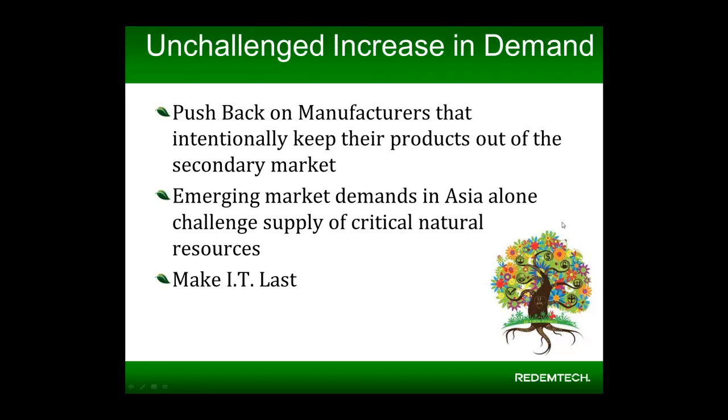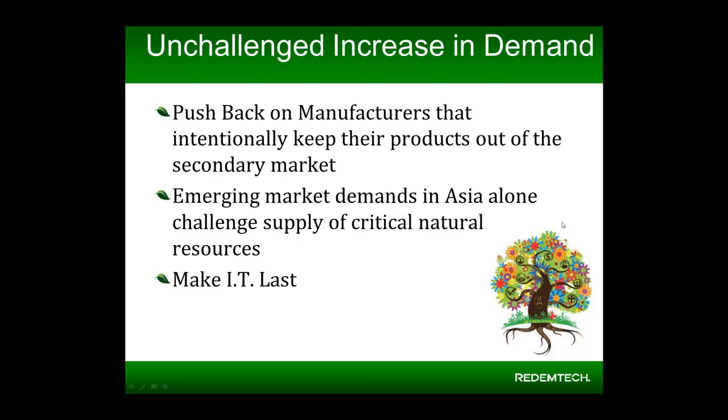Now, I think there are things that we can do, and these are kinds of hot topics, and I think that if you're not aware of them, you need to be aware of them. There are many manufacturers who intentionally keep their IT products out of the secondary market. What's the secondary market? Can I buy this equipment used? I know that here in the United States, we, Redentech, try to make IT last.